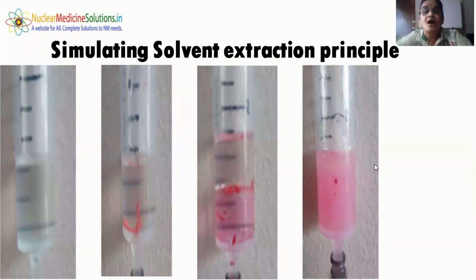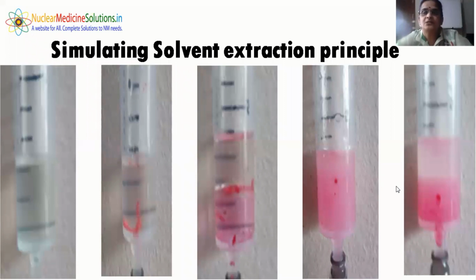However, after some time, because of the immiscibility of both these liquids, they again make two separate layers. Whatever is required is more in one phase only, and that is the phase which needs further processing and is used for the production of the daughter radionuclide in our example.